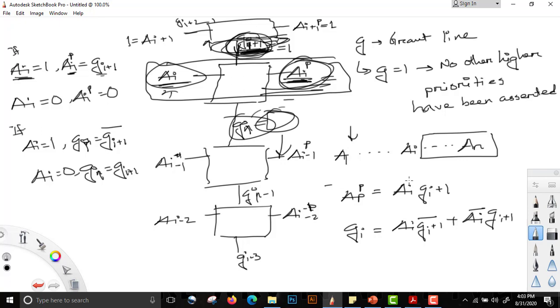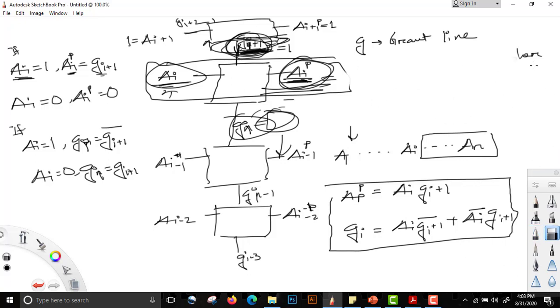So if we implement a block which will have this logic, that block will serve our purpose. Each of these, or each generalized block, will contain inputs Ai and Gi plus 1.